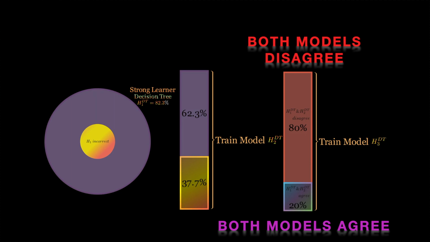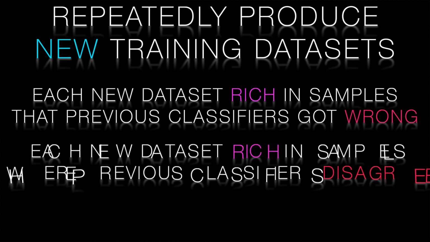We don't really care which, but we would like our third classifier to be able to cast the deciding vote, hence being more sensitive to sample data in which the two prior classifiers disagree will help H3, our third classifier, in its decisive role. We can keep repeating this process as we train more and more models.